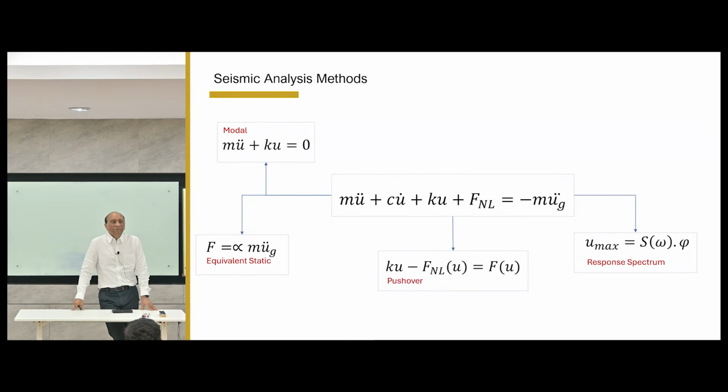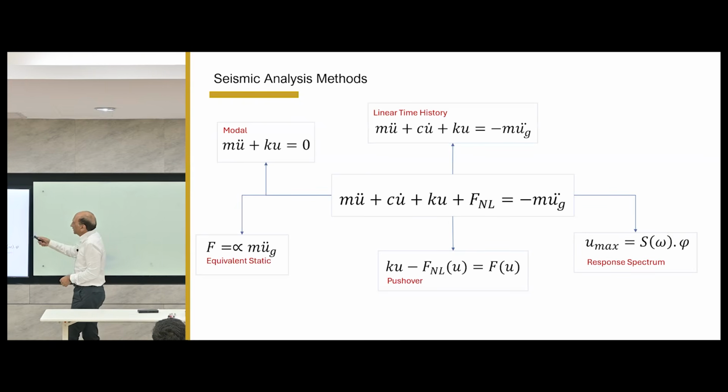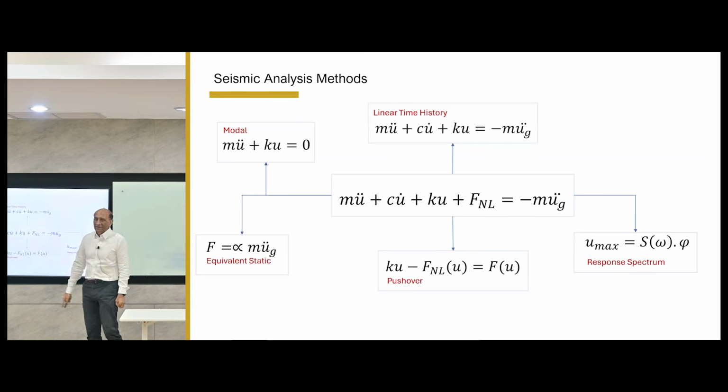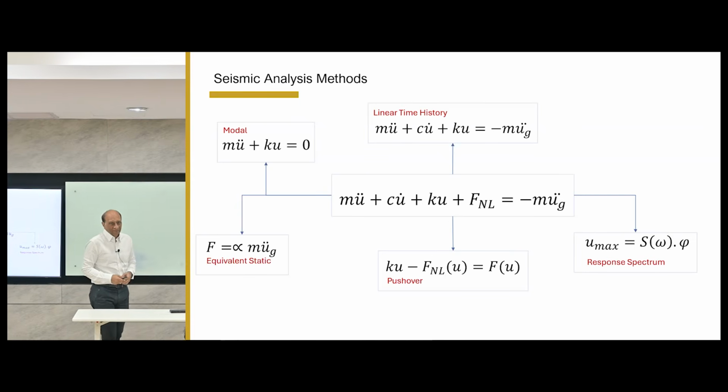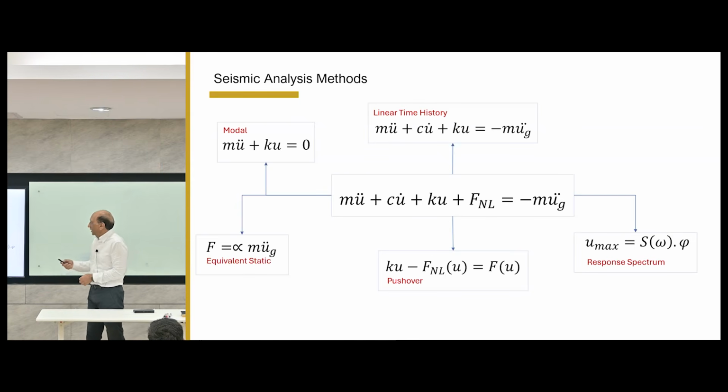We just remove mass and damping, but we keep stiffness and nonlinearity. So by taking pieces of the equation, we get many methods of analysis. We can say linear time history, by ignoring the nonlinearity, we get linear time history from there. And we have the full nonlinear time history.